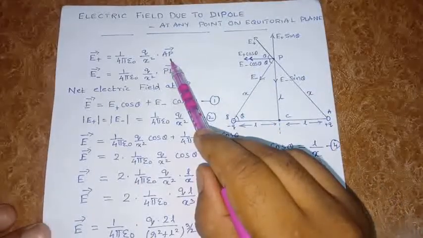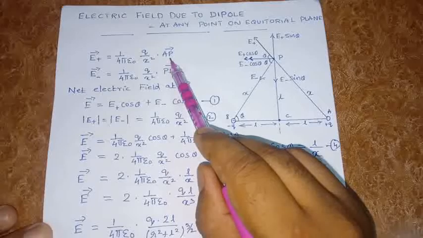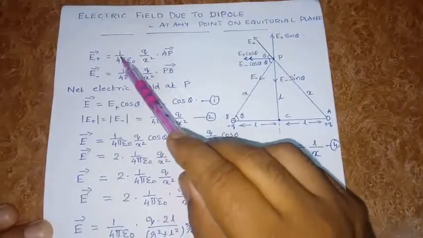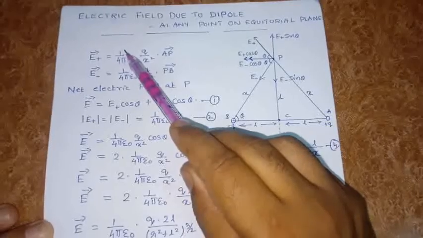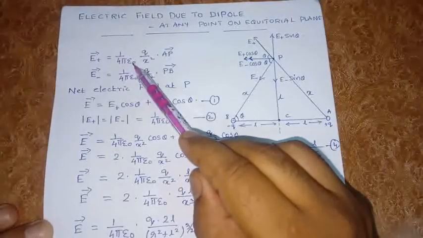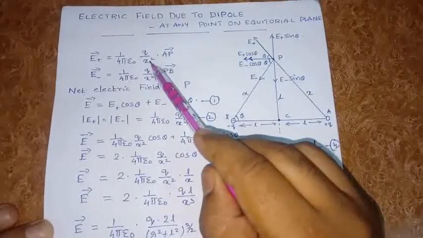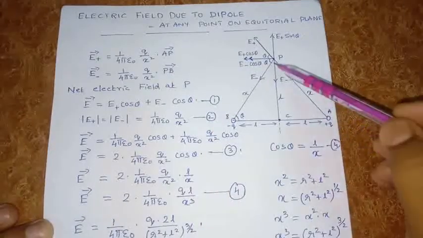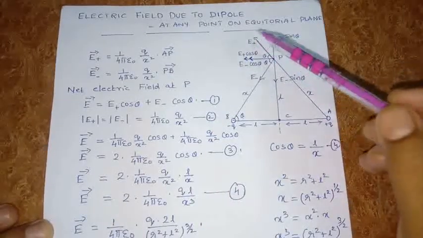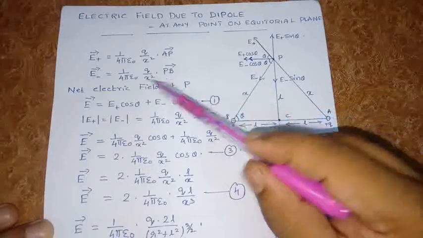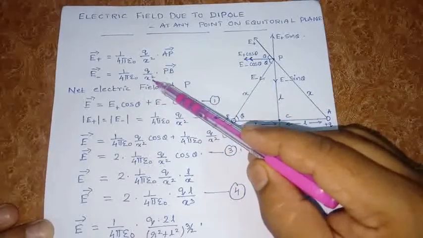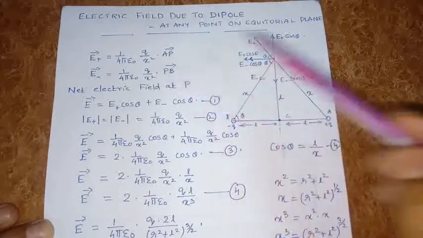Now what is the magnitude of E plus? The single charge creates an electric field at a distance x from it, and the magnitude of E plus is given by 1 by 4 pi epsilon 0 q by x square, and the direction is along AP. Similarly, the magnitude of E minus is given by 1 by 4 pi epsilon 0 q divided by x square, and the direction is PB.